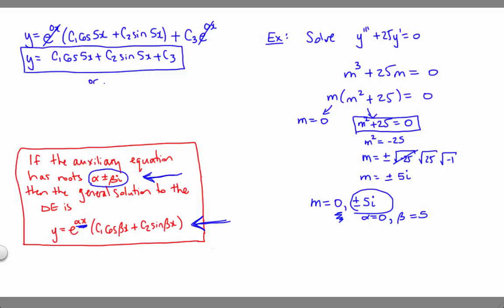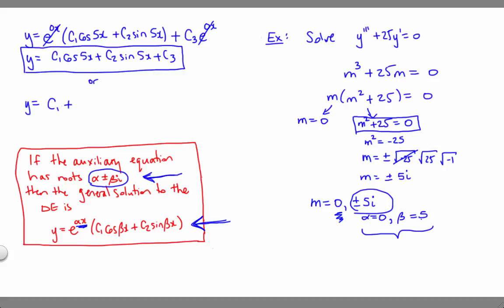The other way to do it, you could have handled the roots in the other order. So you could have gone with m equals 0 first, and you'd say c1 e to the 0x, and then you'd say, well, e to the 0 is just 1, so I don't really need that exponential on there. We just have c1. And then we'd move over to the complex roots there.